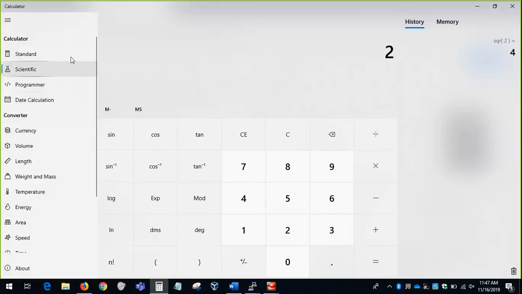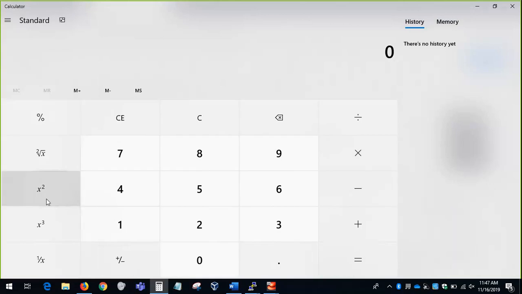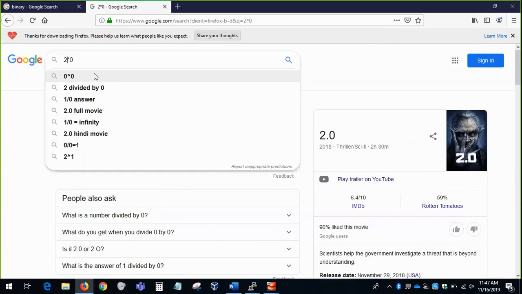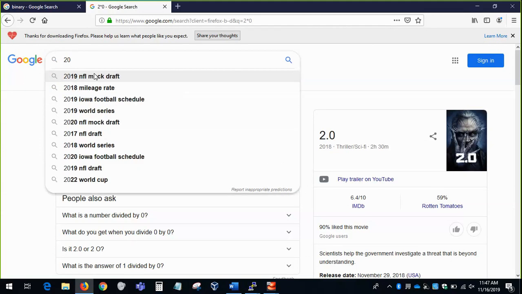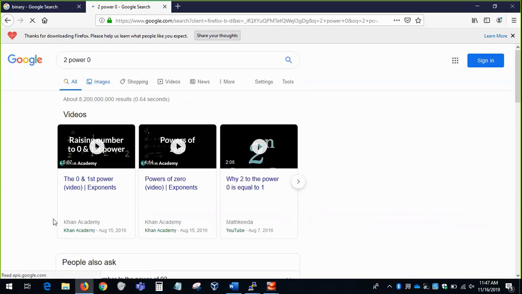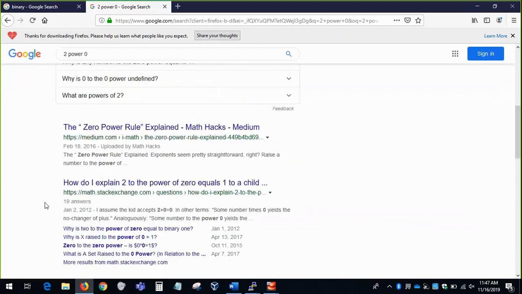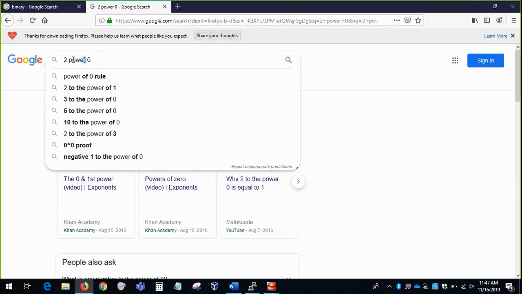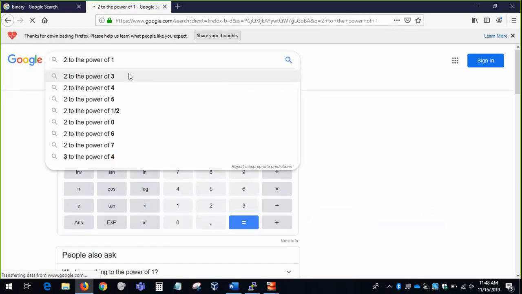Can you put the basic more to the... Okay, we've got to do this. Let me find out on Google, please. Okay, 2 power 0. 2 to the power of 0, you do 0.